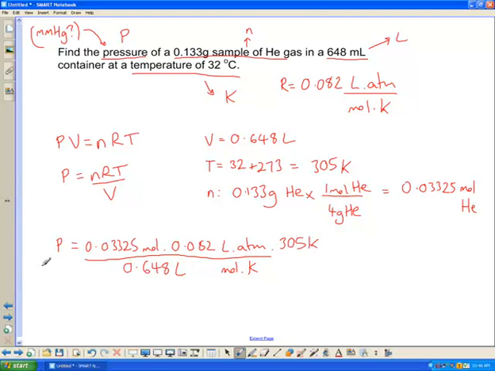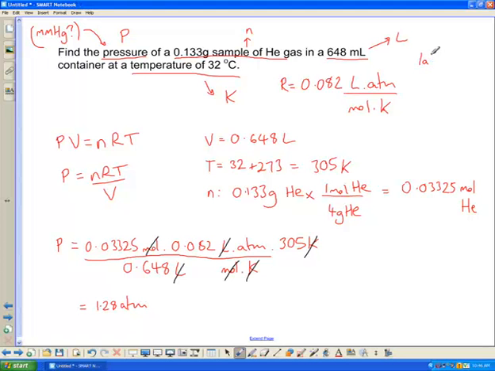Alright? So let's see what we can do with those units. We're looking for atmospheres, so everything else should cancel. Liters cancels, moles cancels, Kelvin cancels. Alright? So what we end up with is an answer in atmospheres of 1.28 atmospheres.